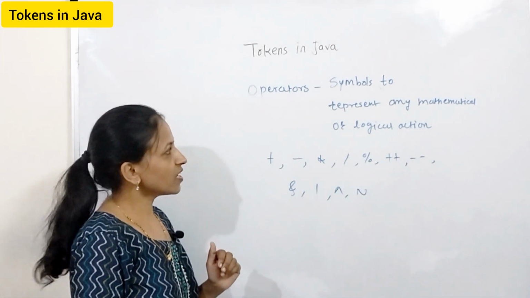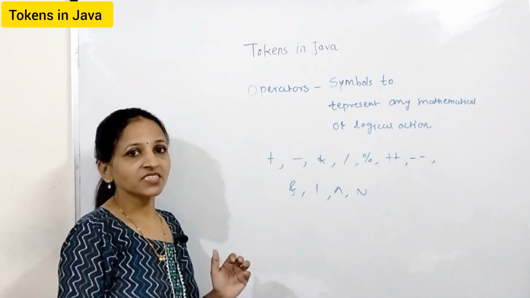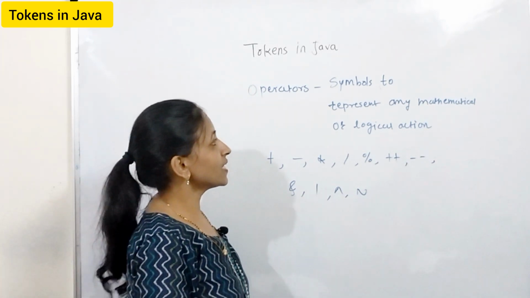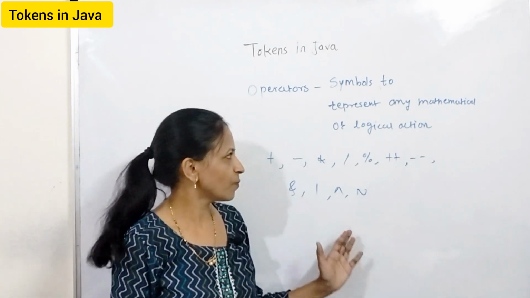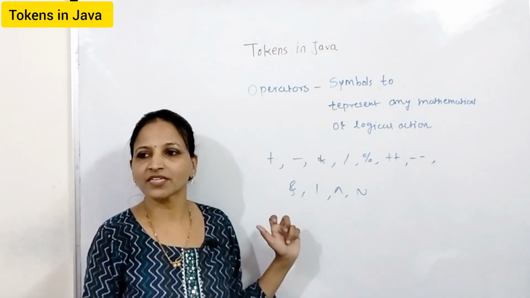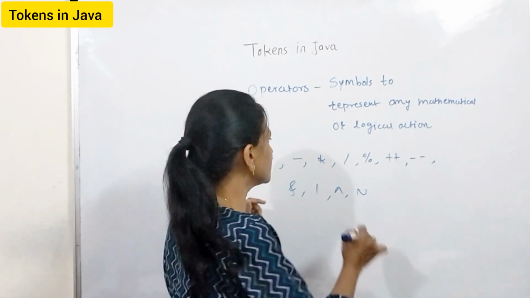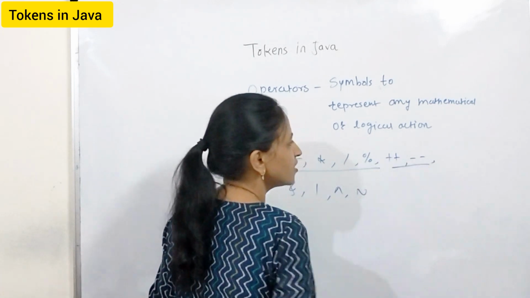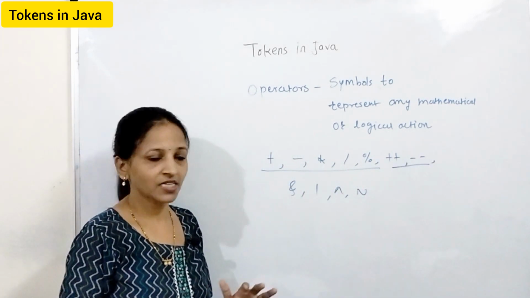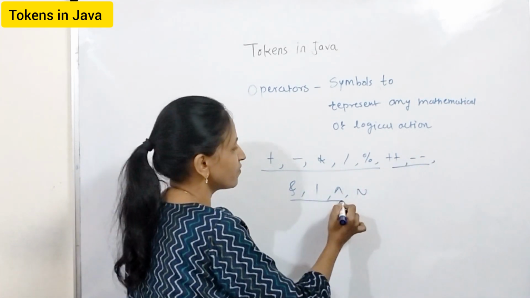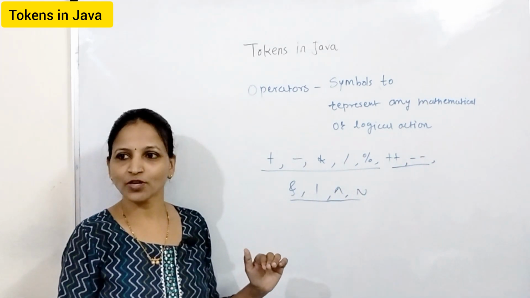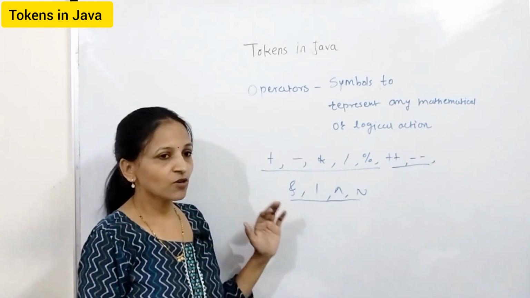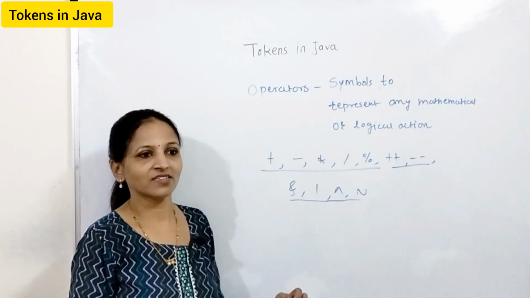These are all operators. Operators are nothing but symbols to represent any mathematical or logical action. These are some examples: arithmetic operators, unary operators, increment and decrement, and some bitwise operators. Now one more, the last, is the separator.